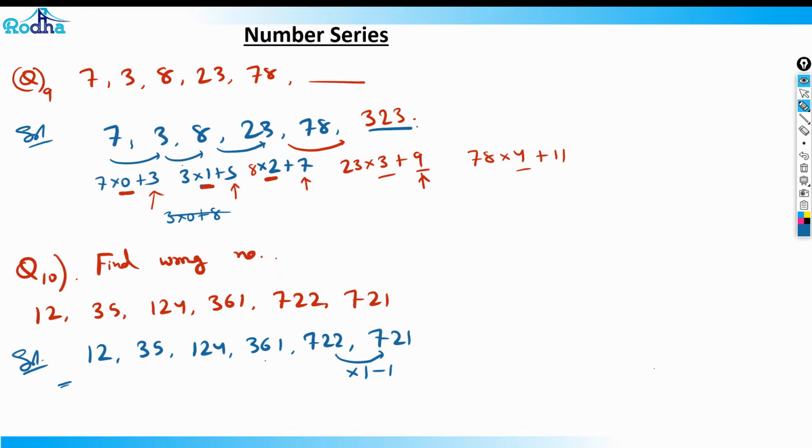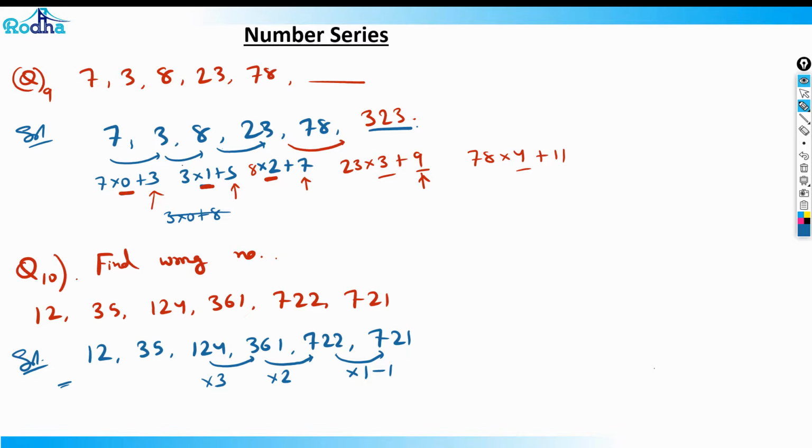So 361 to 722, it is something into 2, but we have to be careful here because one number is wrong also. We are just trying to find some kind of pattern. 361 into 2, not getting exactly what is wrong, okay, fine. 124 to 361, it has to be like 3 getting multiplied, because 124 into 3 is 372, and something is subtracted also.